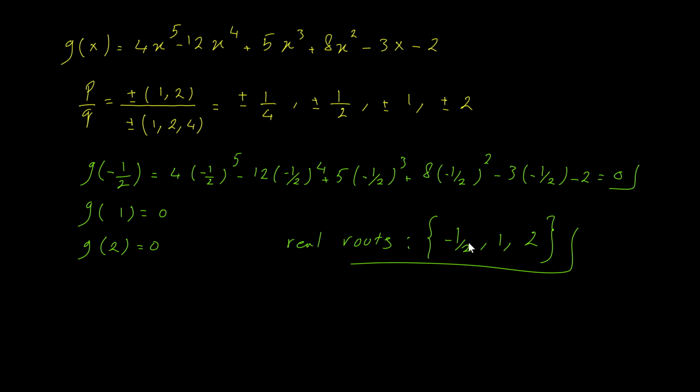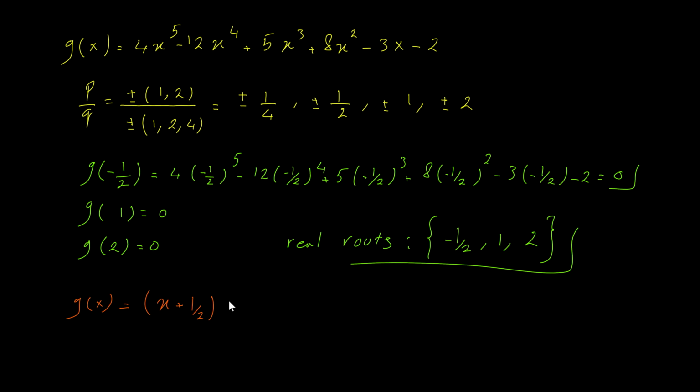Let's do that. We start with x plus 1/2 and see what we get. We do the long division of g of x divided by x minus negative 1/2, which becomes x plus 1/2.